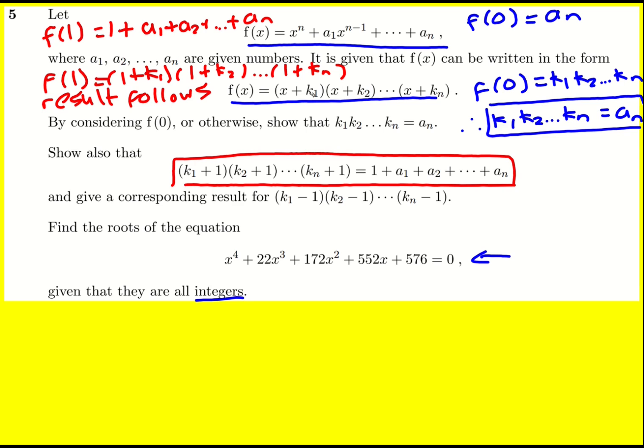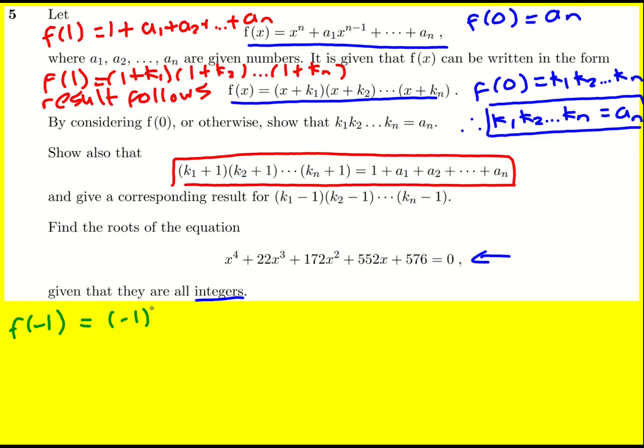The roots are actually going to be minus k1, minus k2, but it's still valid what I just said. And then it says, give a corresponding result for k1 minus 1. Okay, I'm going to have to find out f(-1) now. So I'll put it into the top one again.